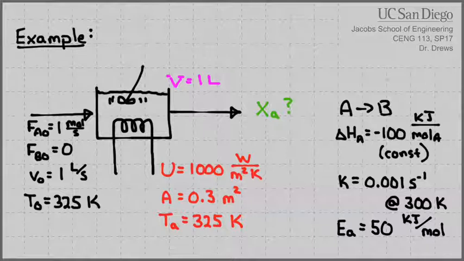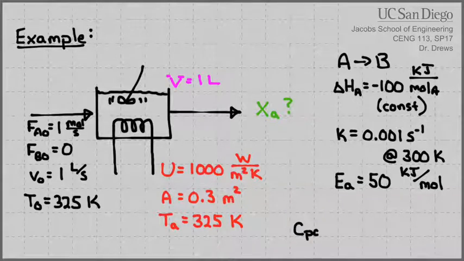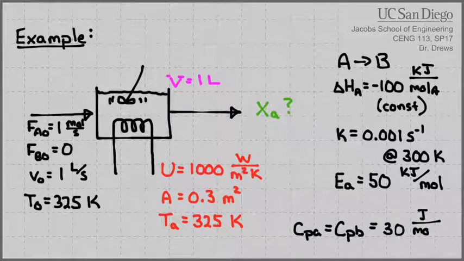If you have a little bit more information, we need a little bit more space. I'm going to shift these up because we need heat capacities too. The heat capacity of A is equal to the heat capacity of B, and both of these are 30 joules per mole Kelvin. And they're both constant.